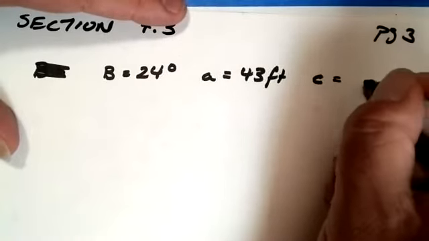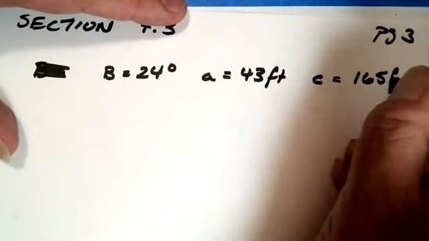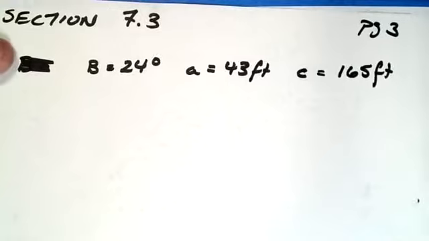How about, I don't know, 165 feet. I think we'll end up with a situation there. Let me do a quick check, 43 squared plus... well, I guess we'll find out.